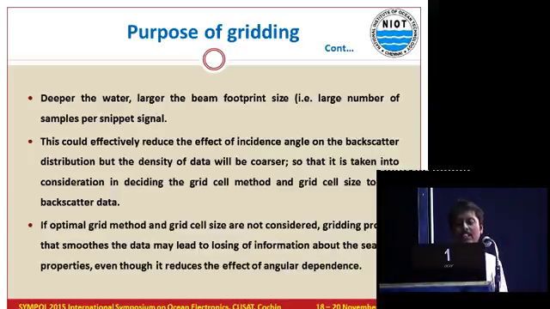But considering the density of data, we have to consider grid method and cell size to grid back data and reduce the center beam pattern effect. So we should be very careful using grid method and cell size. Otherwise, the gridding process sometimes smooths the data and may lose information about the sea floor properties.